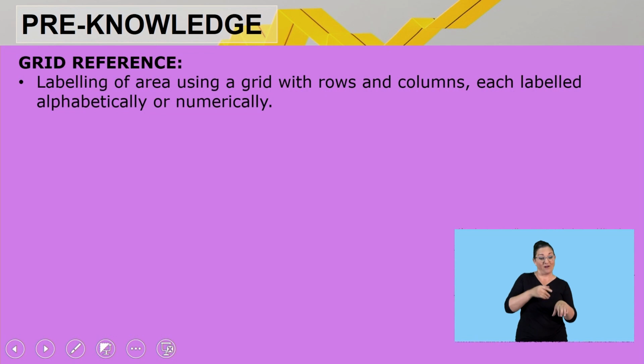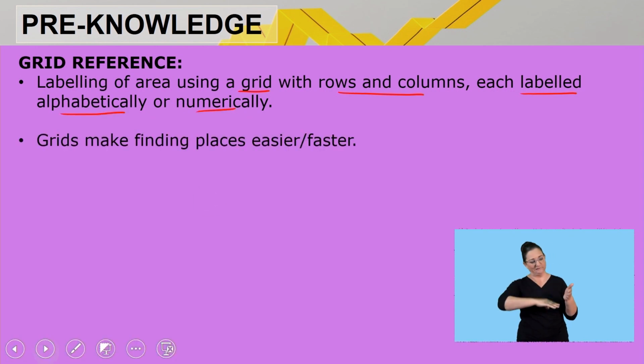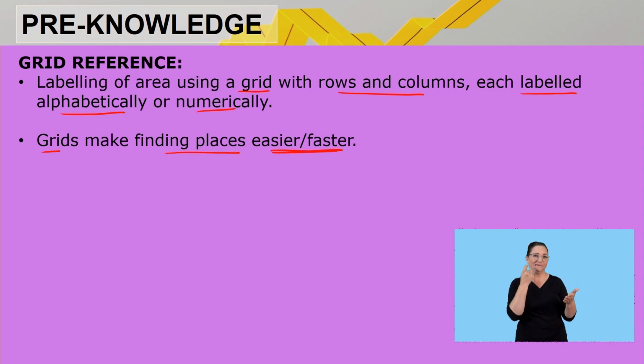Then grid reference, also very important. This is labeling of an area using a grid with rows and columns, each labeled alphabetically and or numerically. So that is your grid reference. Now, why is this so important? The grid makes finding places faster as well as easier.